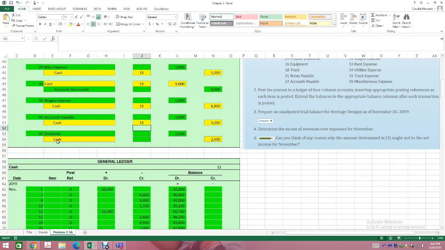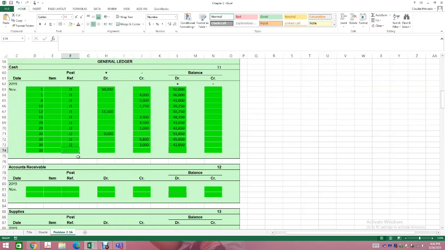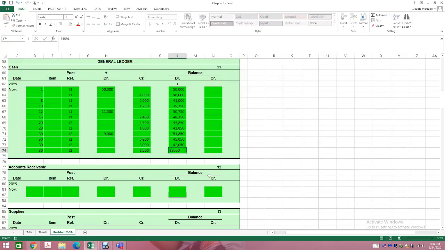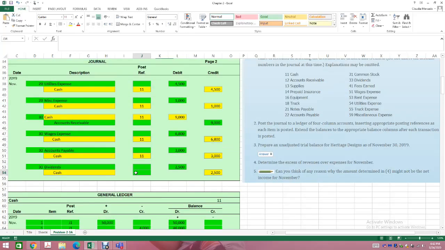Cash of $2,500. So this is journal 2. And that's $2,500. So we're going to subtract 42,050 minus 2,500. That's going to be 39,550. And then I go back and I enter my account number right there.